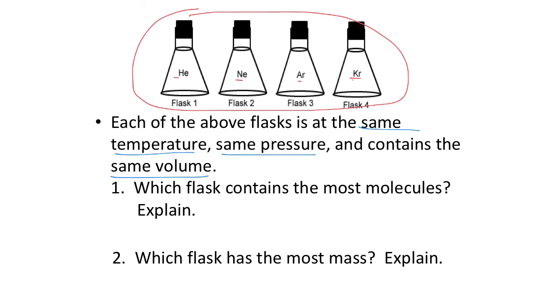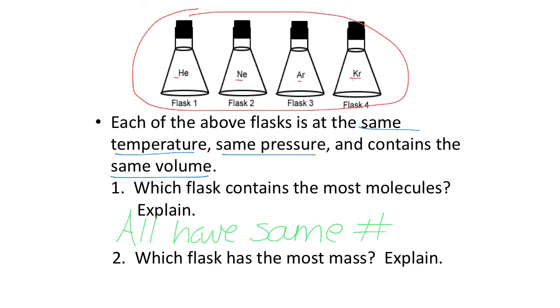So question 1 asks us, which flask contains the most molecules, and explain why. Hopefully, you said that they would all have the same number of molecules. And that's because they're all the same volume, same pressure, same temperature, so they have the same number of moles, therefore same number of molecules.